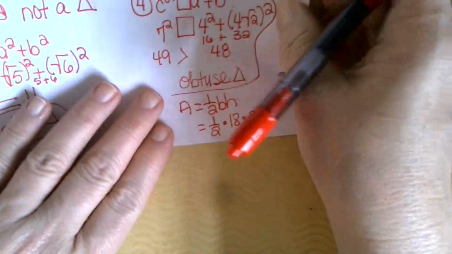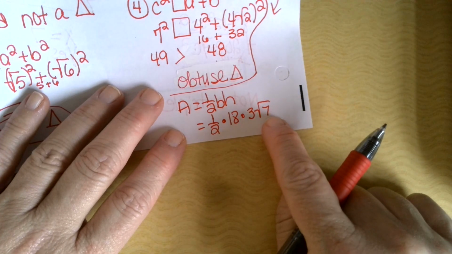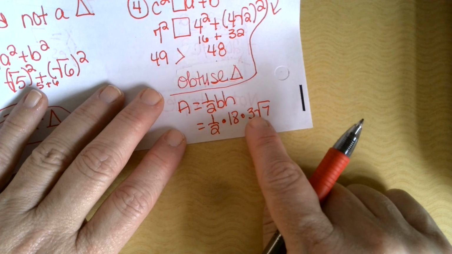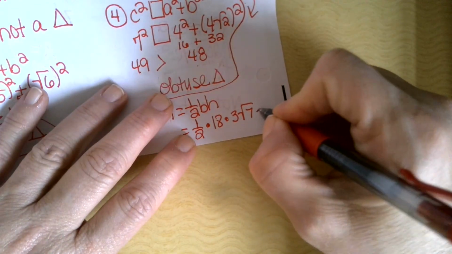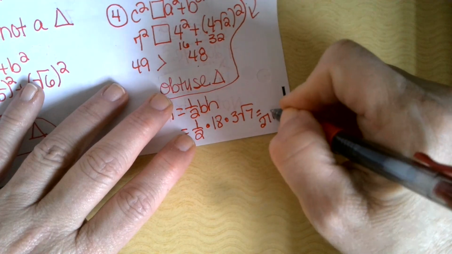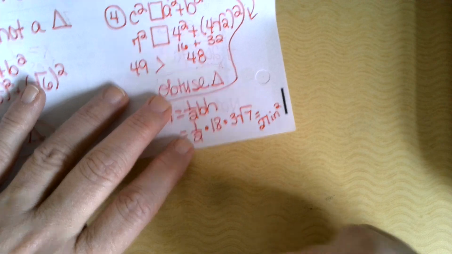Okay, remember you can only multiply numbers that are on the outside or numbers that are on the inside together. So half of 18 is 9. 9 times 3 is 27. So my area is 27. Do we have units? We do. Inches squared. Area is 27 inches squared.